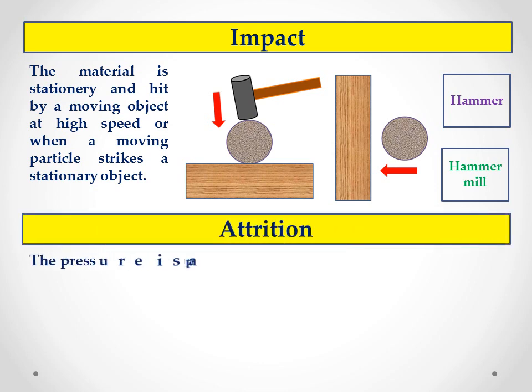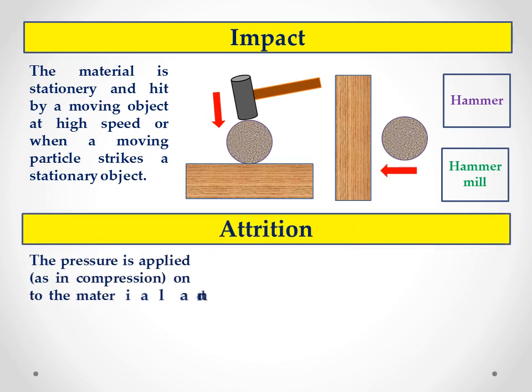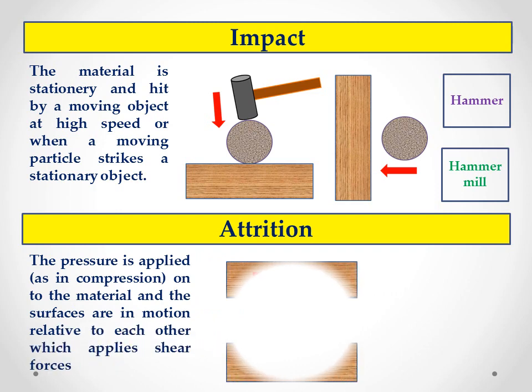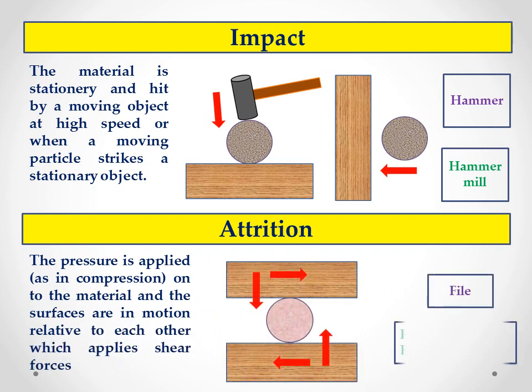The next process is attrition. In the attrition mechanism, the pressure is applied as in compression in such a way that both the surfaces are in motion relative to each other, which applies shear forces leading to size reduction.